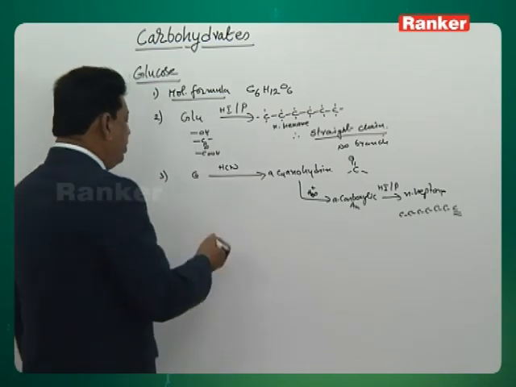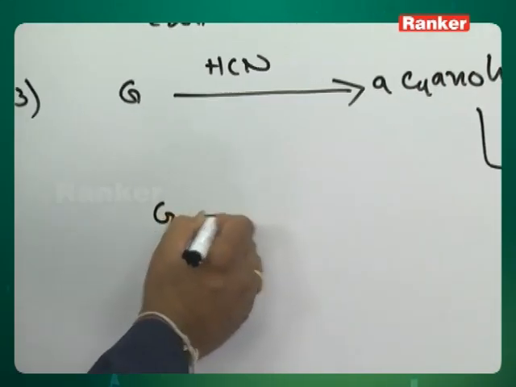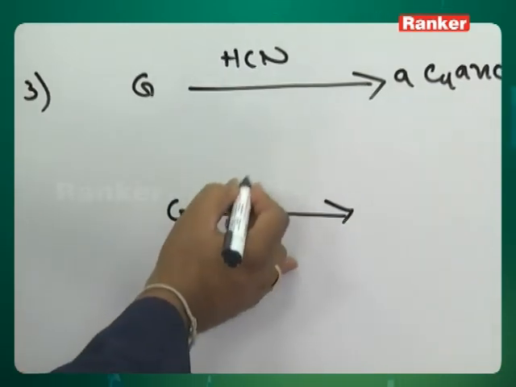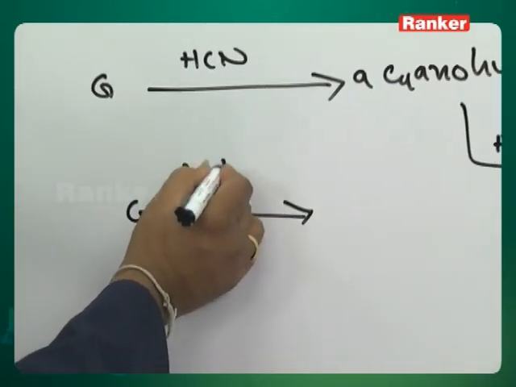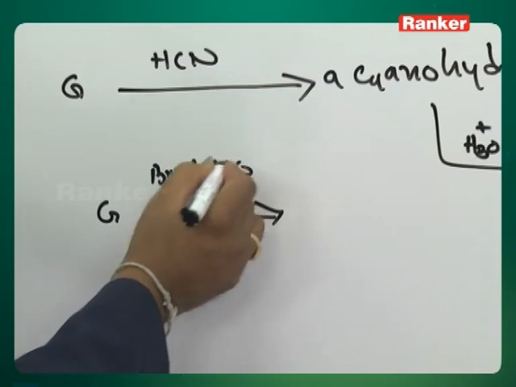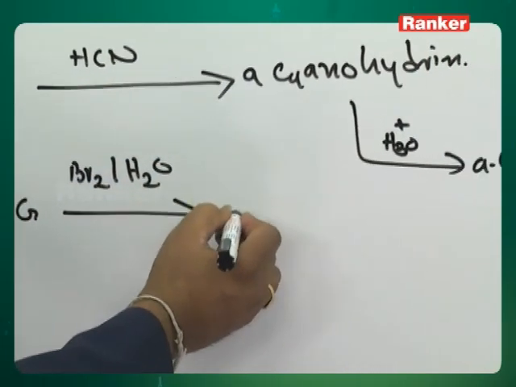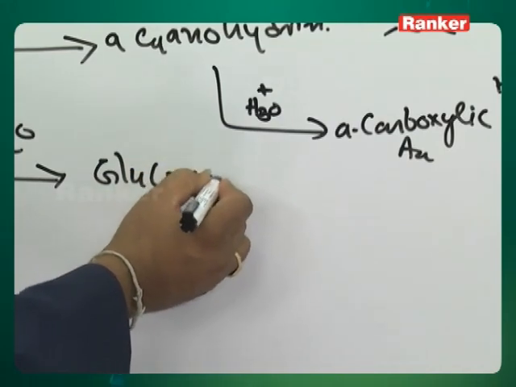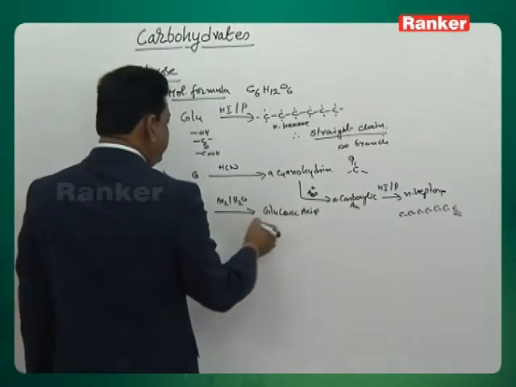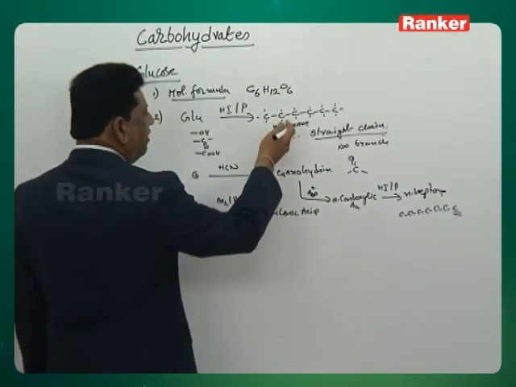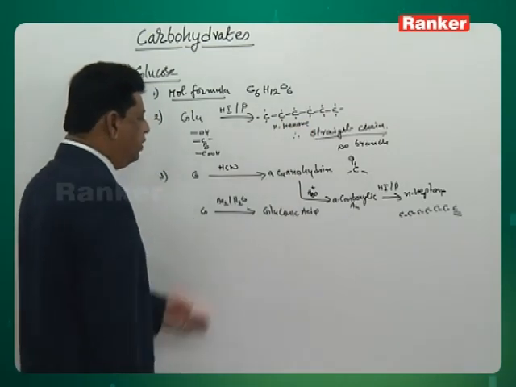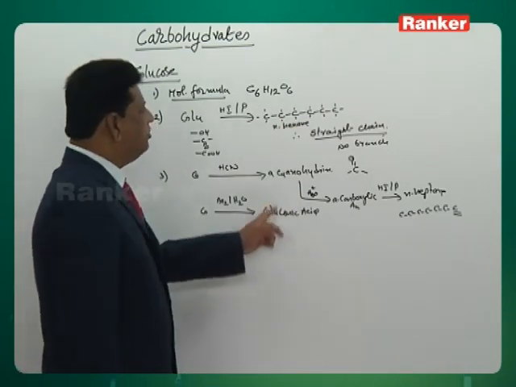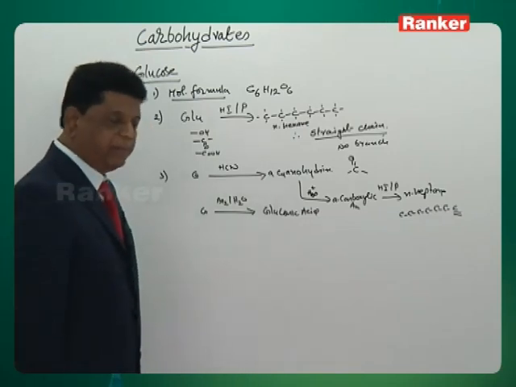That is also confirmed by glucose reacting with bromine water, a mild oxidizing reagent, which gives a carboxylic acid known as gluconic acid, without disturbing the number of carbons. Gluconic acid on reduction also gives hexane, showing 6 carbons are there.